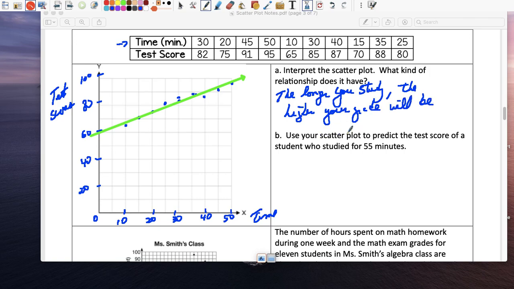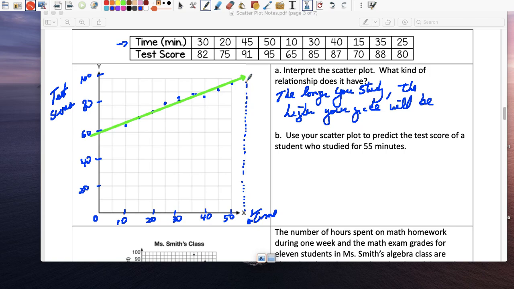All right. Use a scatter plot to predict the test score of a student who studied for 55 minutes. You might want to draw 55. So that's 45, 2 boxes, here will be 60, right? So 55 is here. Let me just move it up here, and we can use our graph.